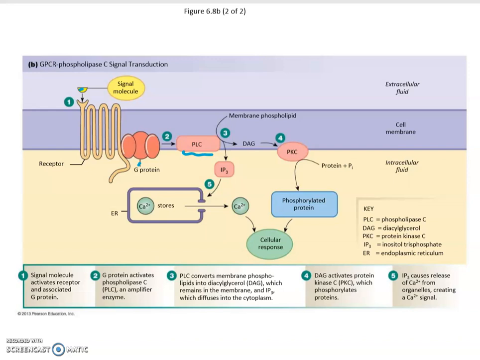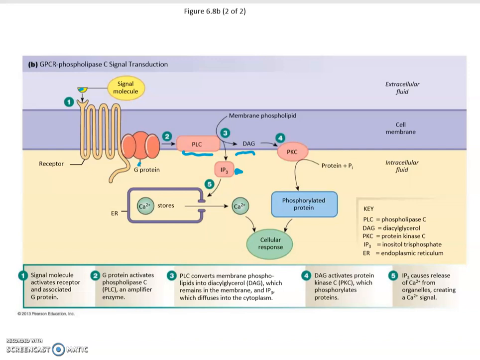So the head will come off, and it turns into a second messenger that's called IP3. That's this one right here. So that's the phosphohead group of a phospholipid. And the fatty acid tails of the phospholipid are then called diacylglycerol, which also is considered a second messenger.